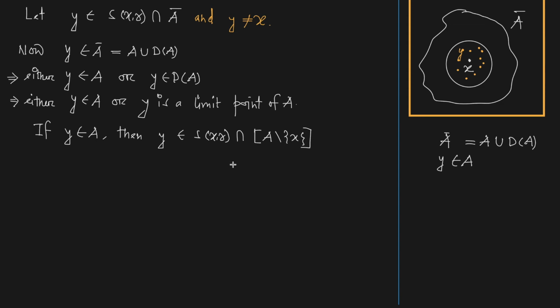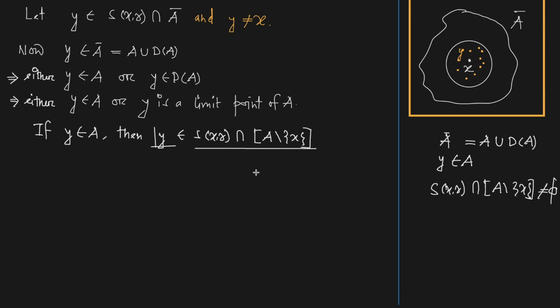তাহলে এখান থেকে আমি বলতে পারি যে x is a limit point of the set A। দেখো লিমিট পয়েন্ট ডেফিনেশন কী ছিল, x লিমিট পয়েন্ট কখন হবে, S(x, r) intersection A minus x is not equal to phi হলে। তাহলে আমরা কী পাচ্ছি, S(x, r) intersection A minus x এর মধ্যে একটা পয়েন্ট পাচ্ছি y, that is S(x, r) intersection A minus x is not equal to phi.